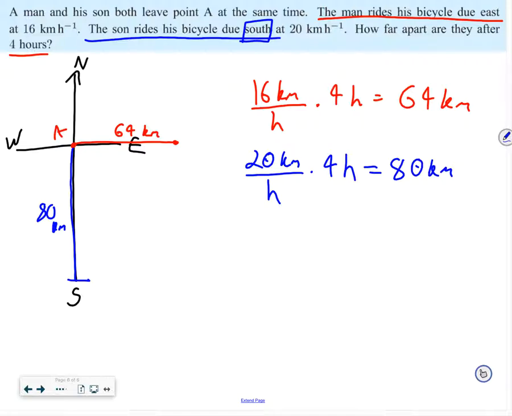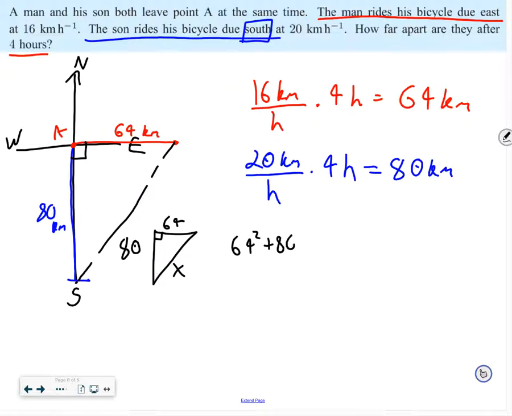How far apart after 4 hours? There we can see our right triangle. So I redraw my right triangle. I have 64, 80, and x. Again, I have 64 squared plus 80 squared equals x squared.